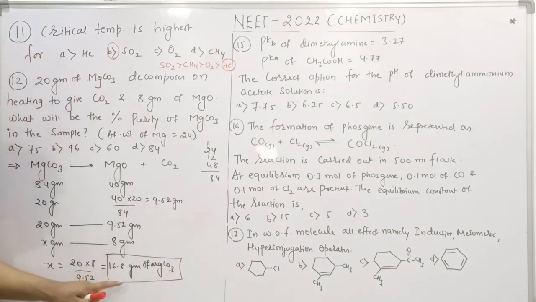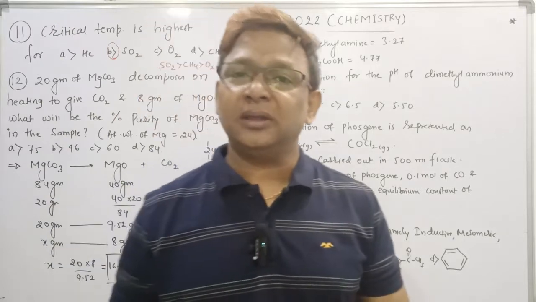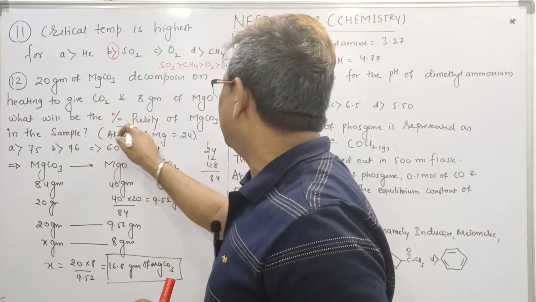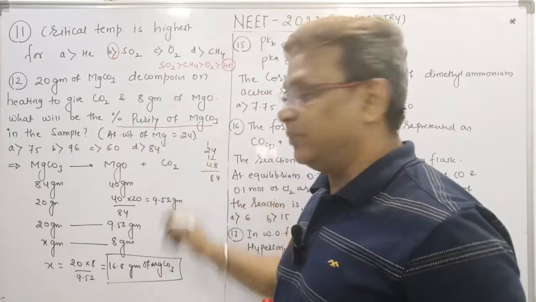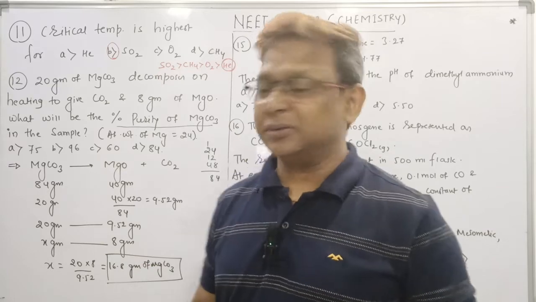Now the actual magnesium carbonate weight is 16.8 gram, but we took 20 gram, so the remaining 20 minus 16.8 is the impurity. They are asking for the percentage purity of the magnesium carbonate. In that 20 gram, 16.8 gram is magnesium carbonate.